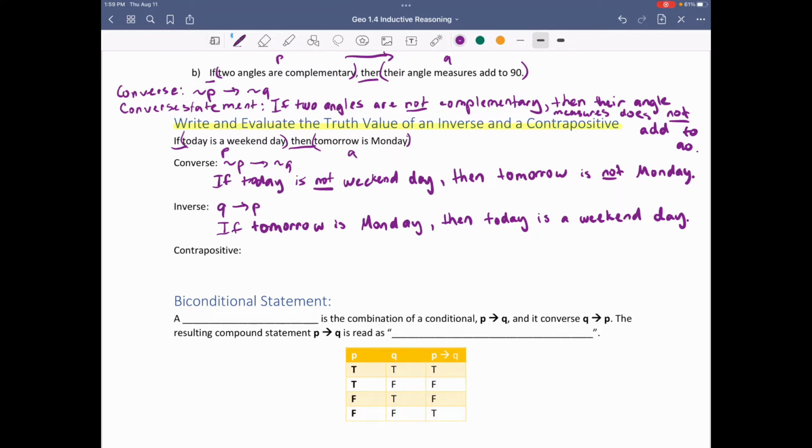So what we will do is, if not Q, then not P. And with this contrapositive statement, we will say, if tomorrow is not Monday, then today is not a weekend day.